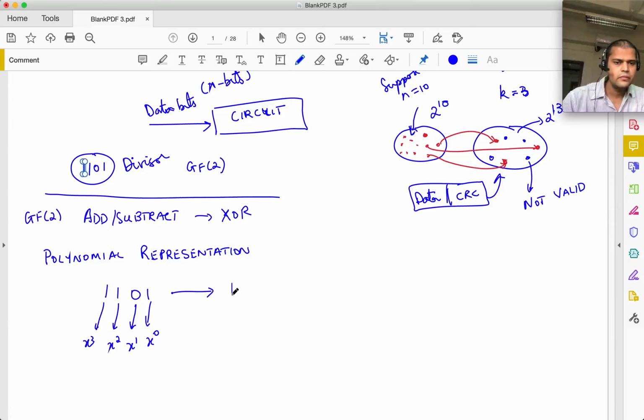So we're going to have 1 times x cube plus 1 times x square plus 0 times x plus 1 times x to the power of 0. So essentially this divisor is going to be represented as x cube plus x square plus 1.